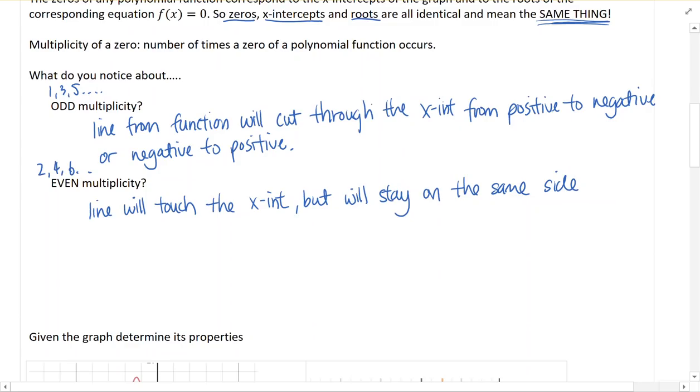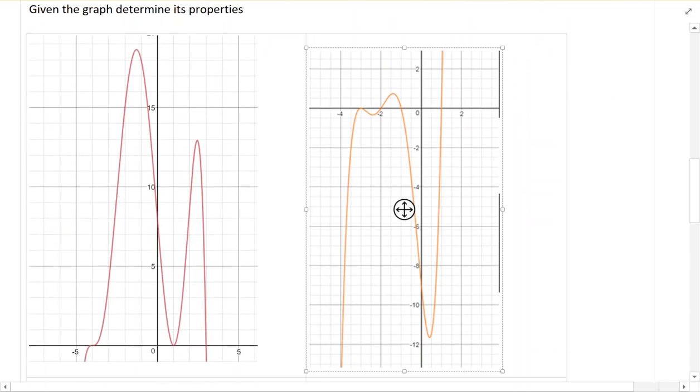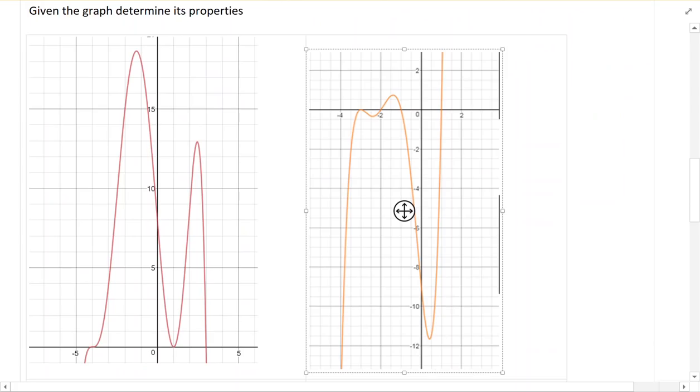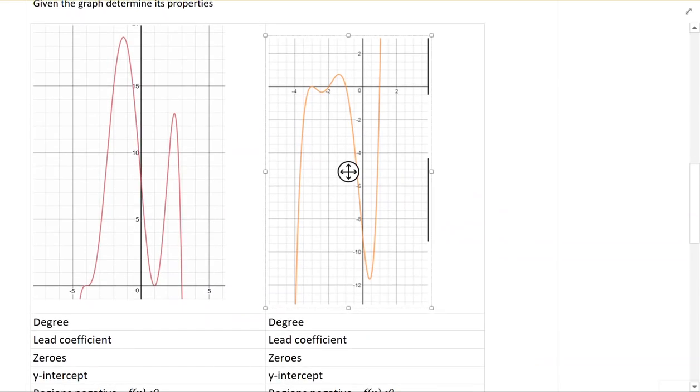Okay, now that we know some more terms, let's look at some more graphs. We have these two particular graphs here. We're going to start with the one on the left, this red one. Looking at this, what is the degree? To determine the degree, we should look at the number of bumps.